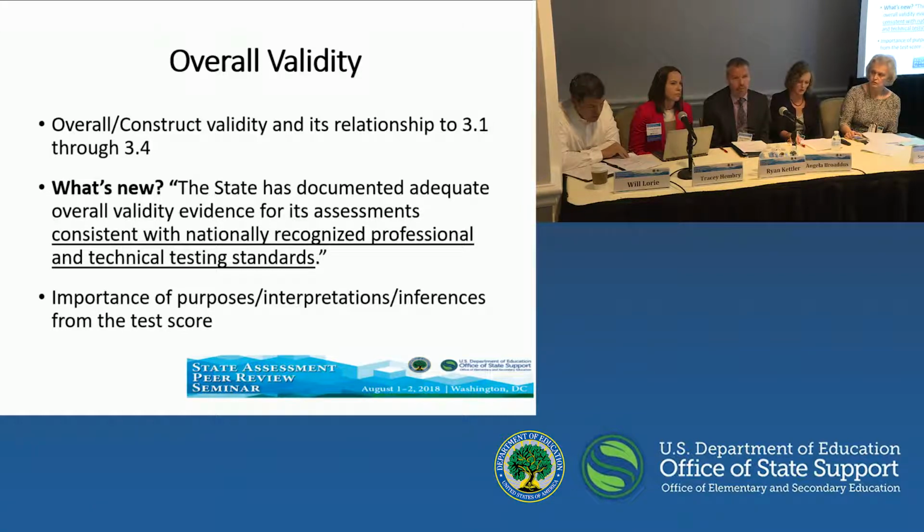A second example would be if a growth score is being used, like a student growth percentile or a conditional growth index to evaluate students, then evidence should be collected, not just indicating that the before and after scores are appropriate, but also that the growth index represents growth. So you would be collecting content, relations with other variables, all these different types of evidence to connect to that growth score.